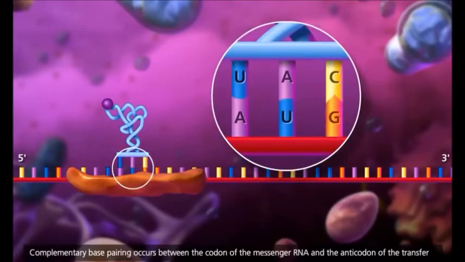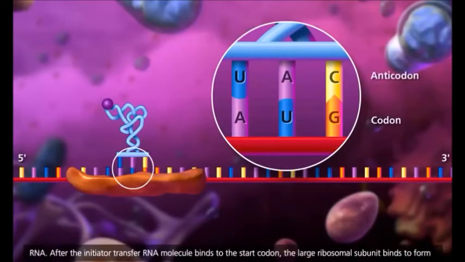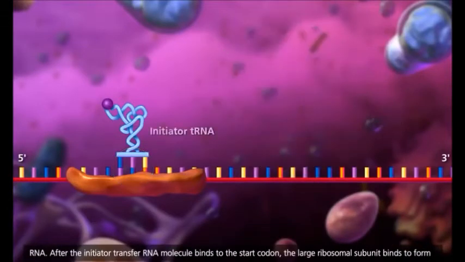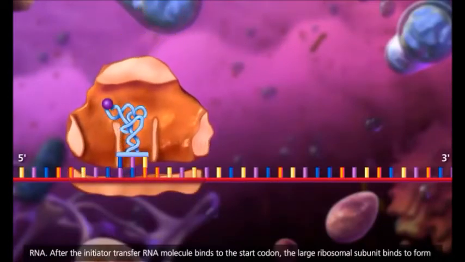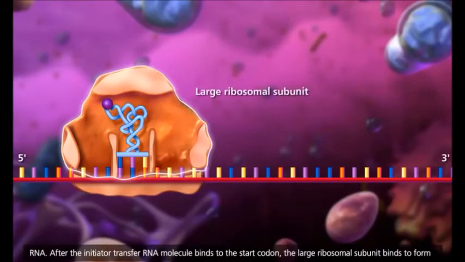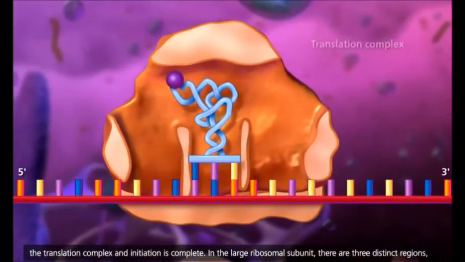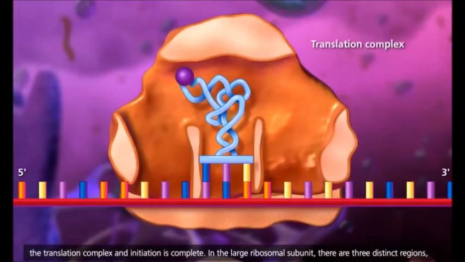Complementary base pairing occurs between the codon of the messenger RNA and the anticodon of the transfer RNA. After the initiator transfer RNA molecule binds to the start codon, the large ribosomal subunit binds to form the translation complex and initiation is complete.